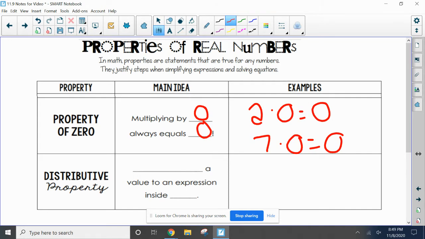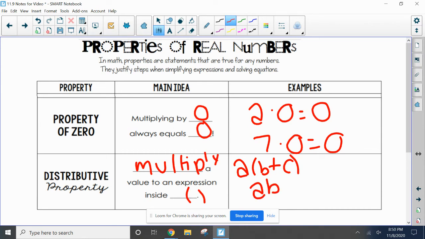The distributive property states that if we multiply a value to an expression inside parentheses, so we learned this, A parentheses B plus C is the same as A times B, the first term, plus A times C, the second term.